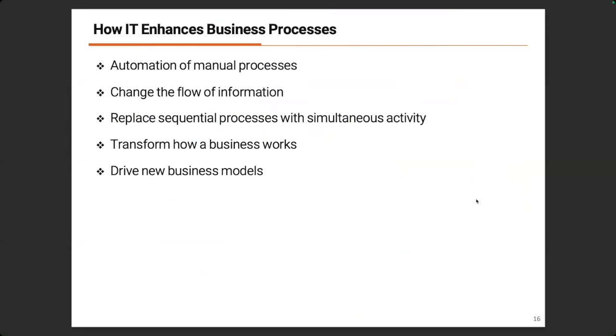There are so many processes in a business, so companies first have to identify their business processes, and they implement information systems to manage and track such processes throughout the company.